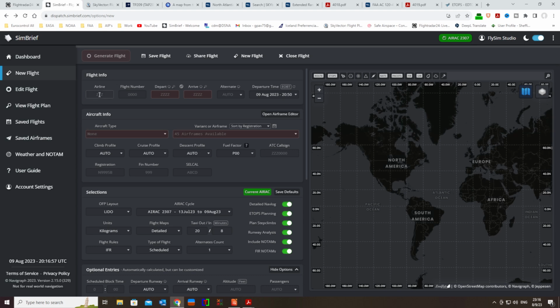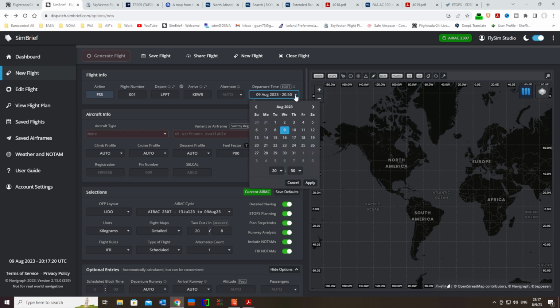Okay, so this is our new flight. So FSS 001, and we depart from LPPT, and we're going to KJFK, to New York. I'm gonna leave the alternate as is. I don't care at this point. I just want to check the route.